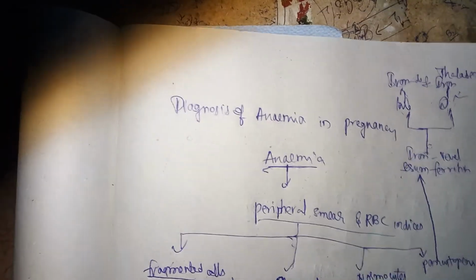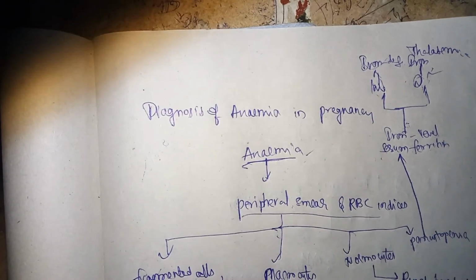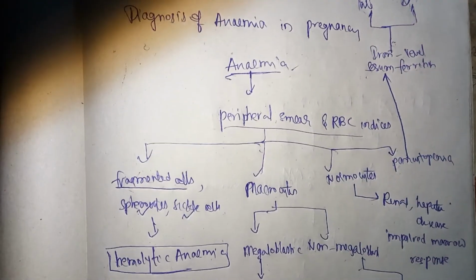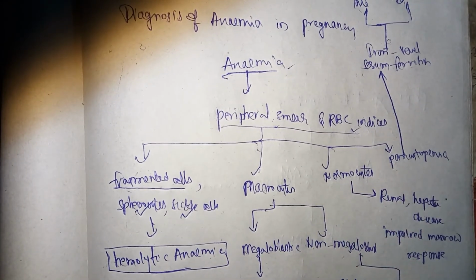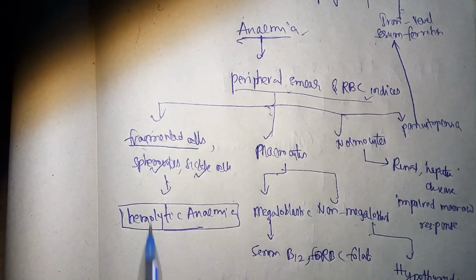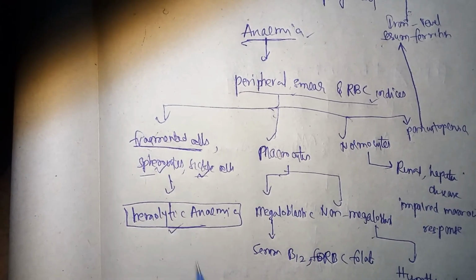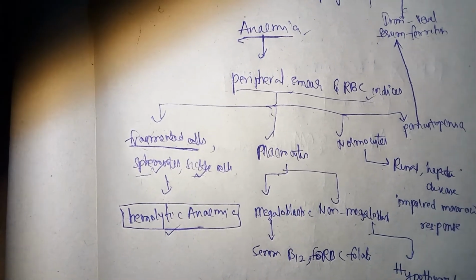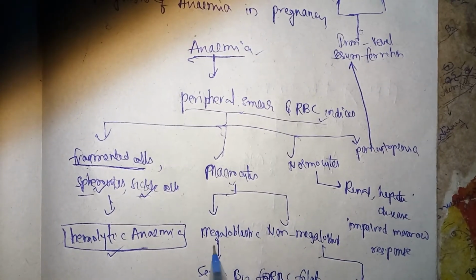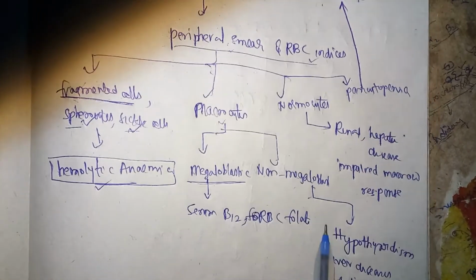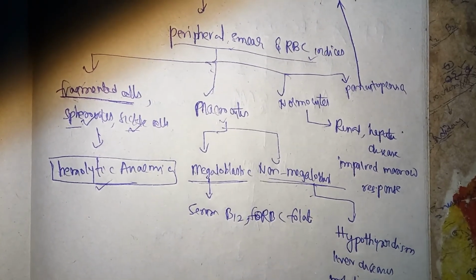First thing, if a pregnant woman comes with anemia, we make a peripheral smear and look for RBC indices. If you see any fragmented cells or spherocytes or sickle cells, then look for hemolytic anemias. If you see any macrocytes, then the cause of anemia may be megaloblastic anemia, or it could be non-megaloblastic as well.